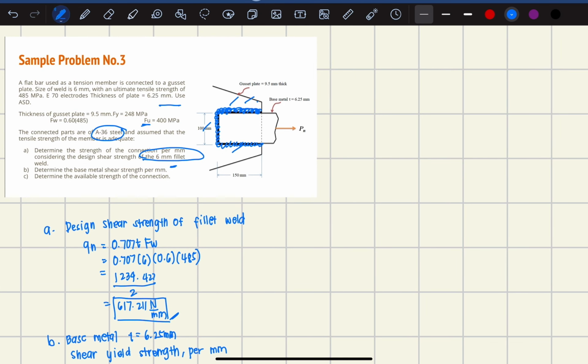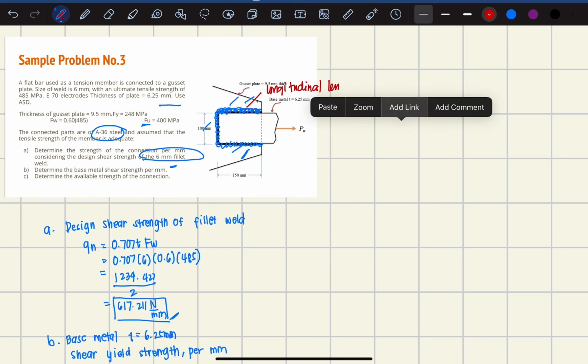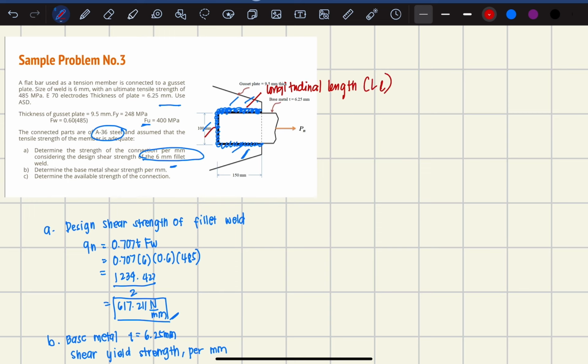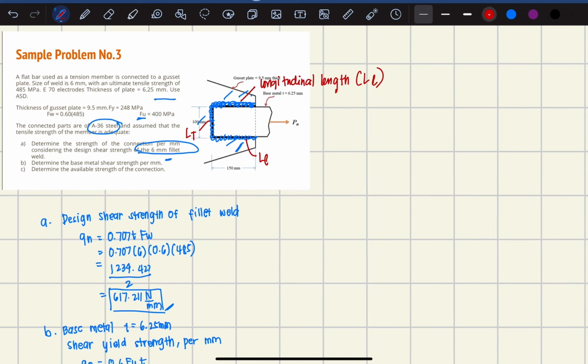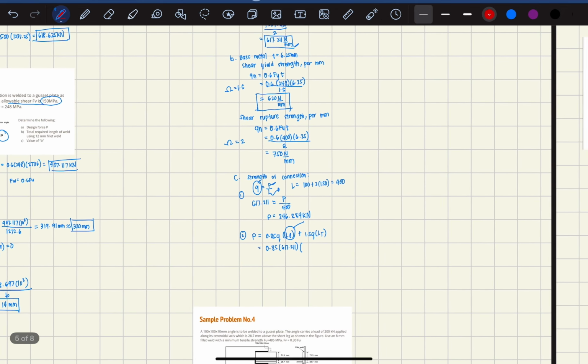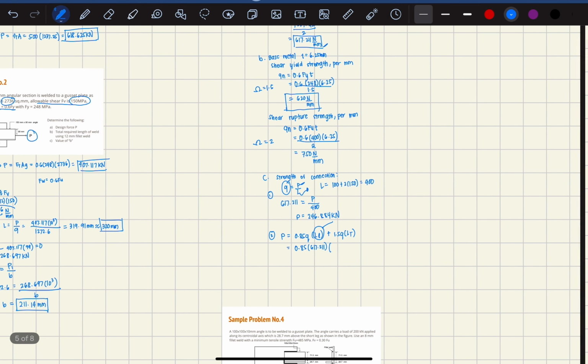Yung dalawang 150. Ito po yung longitudinal length, L sub L. Then ito naman yung L sub T. So, dalawang 150, so, equals to 300.